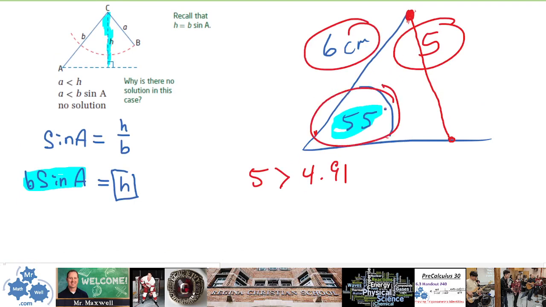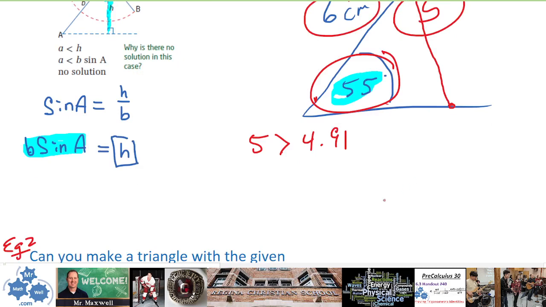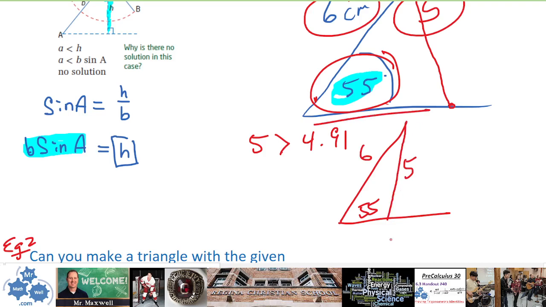I can form more than one triangle. And what's the other one look like? The other one looks like this, where we have 55, we have 6, and then this 5 could actually swing the other way from 90, and this would still be 5. Yes, this length here of this side would be shorter, but we still have the criteria that we were given in the question. So that's where you get 2 triangles from.